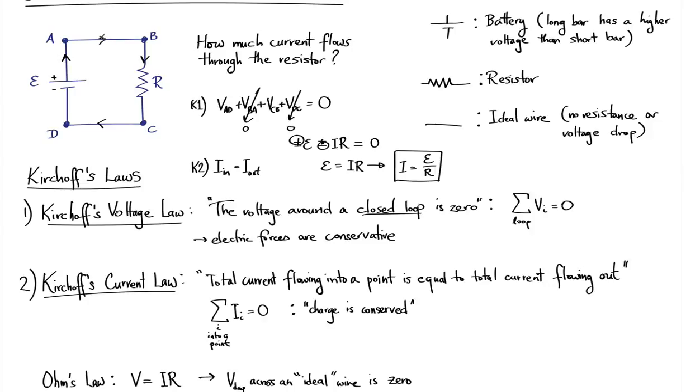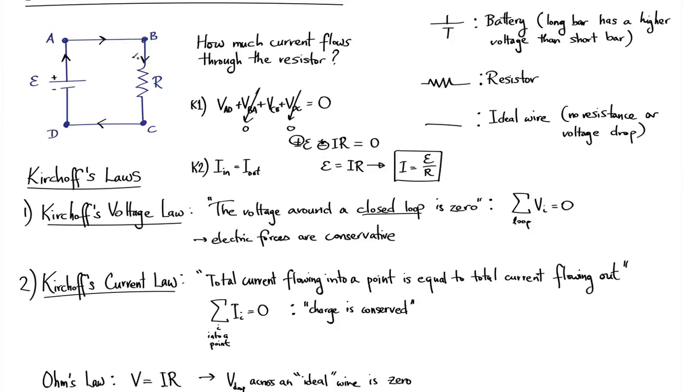If we had done that, and drew the current as flowing from C to B, right, then we would have gotten the current to be a negative value when we solve for it, okay?